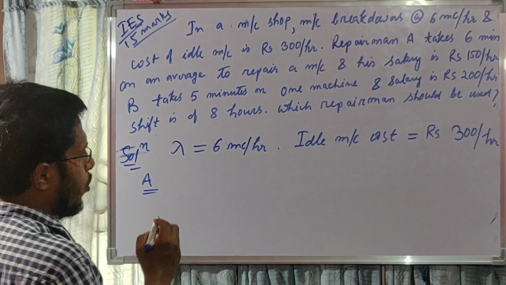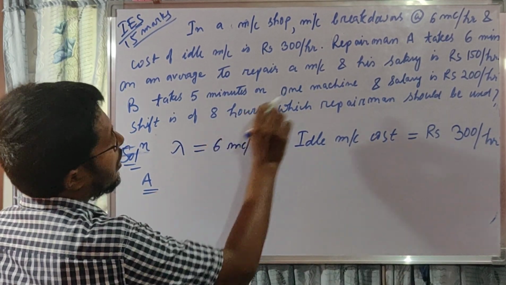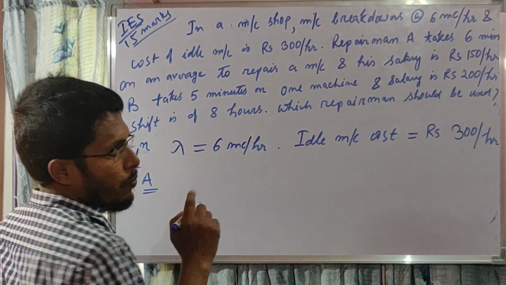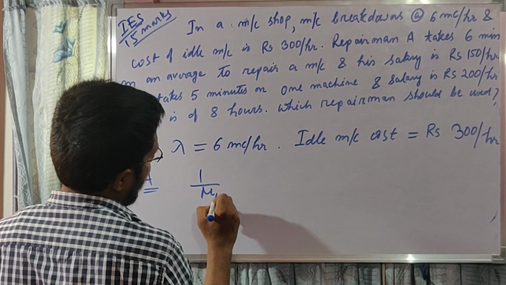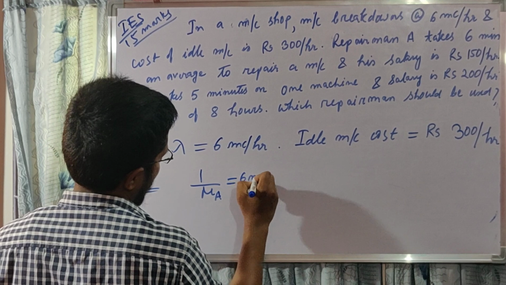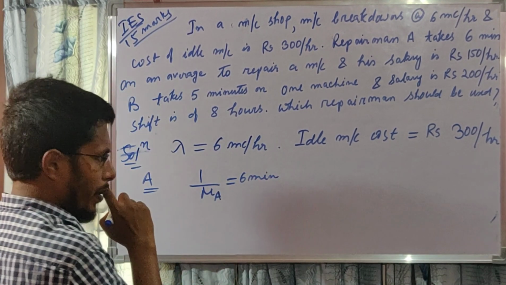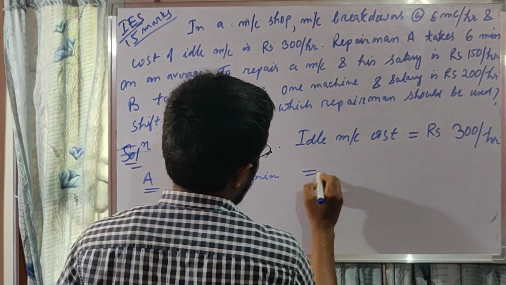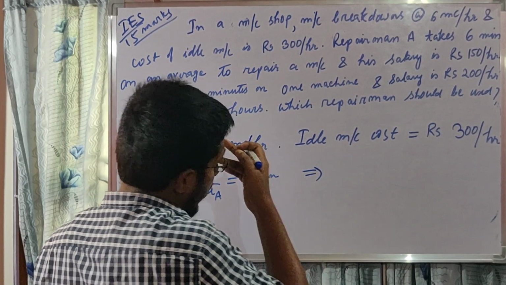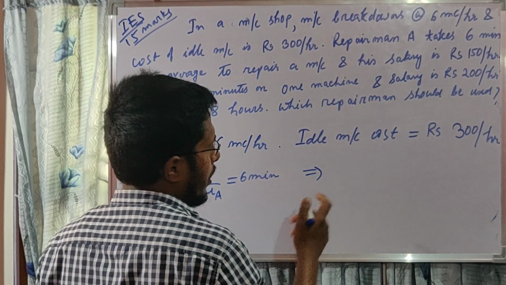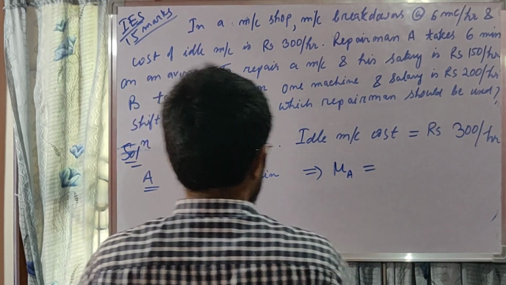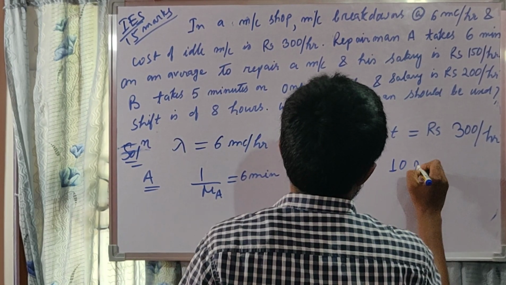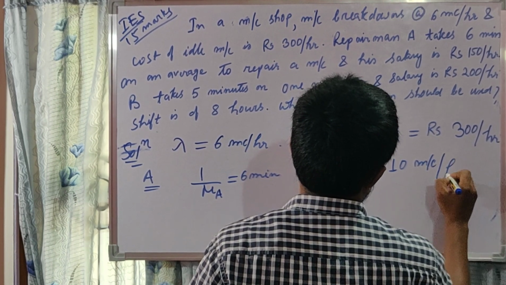Now, first we will talk about A. It is given that he takes 6 minutes on an average, so his mean service time is 6 minutes. Got it? So what is the service rate by A? The service rate by A is 10 machines per hour.